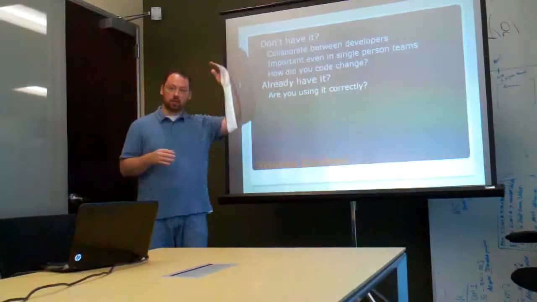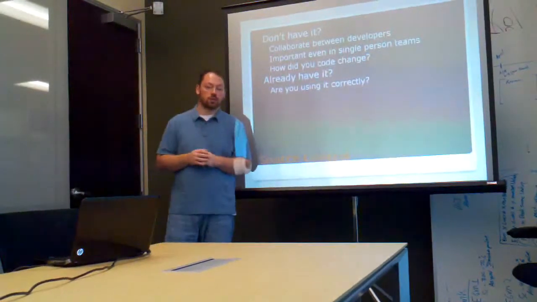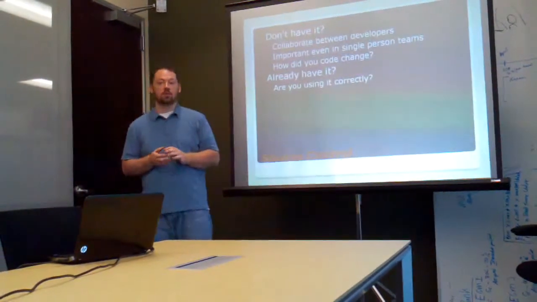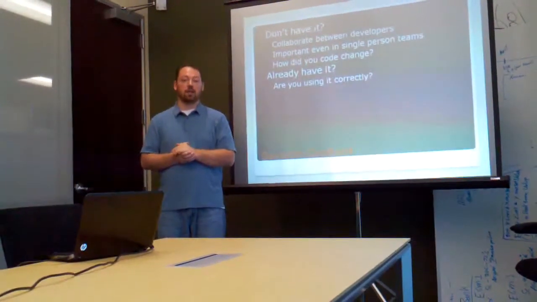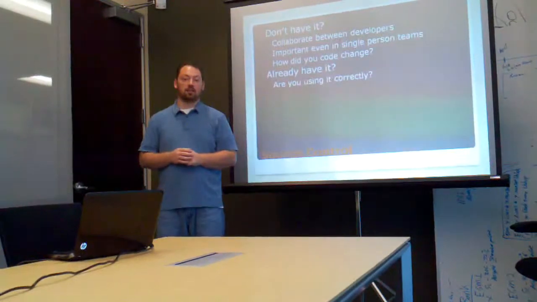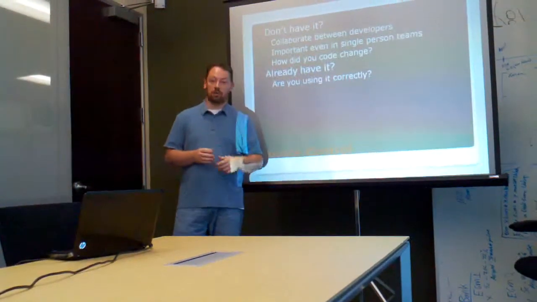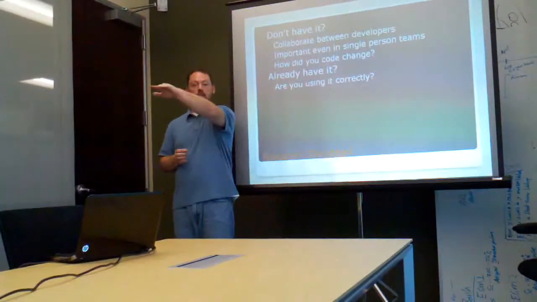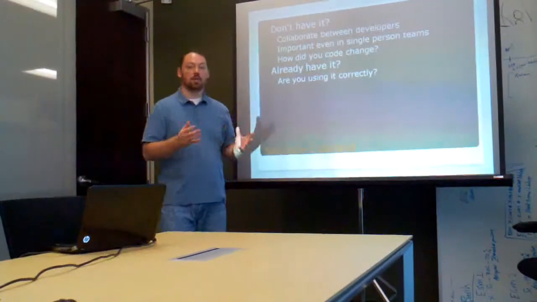They're able to check in locally. You may have heard it called distributed version control systems, like Mercurial and Git. Those will allow you to be completely disconnected from the internet, yet be able to check things in. When you get back online, you can push those changes up to a centralized server, and then everybody in the rest of the team can share that code.